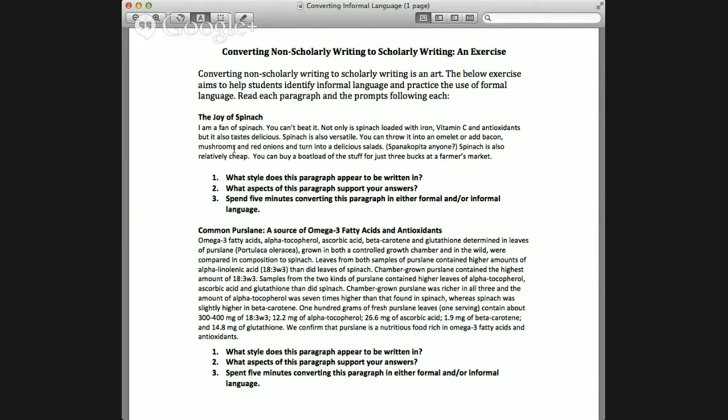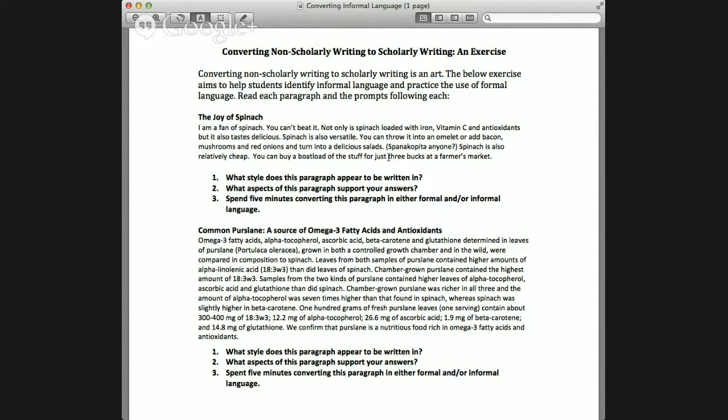Well, what is not so formal or scholarly about this? First thing that jumps out, the use of I, and the use of you. So already the writer is pretty familiar with the audience. That might be less than formal. Here we have a use of a contraction, can't beat it, instead of you cannot beat it.